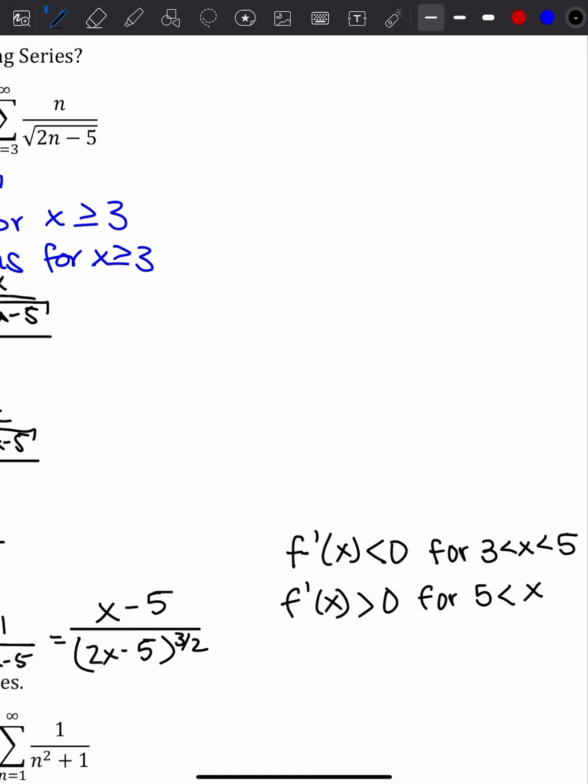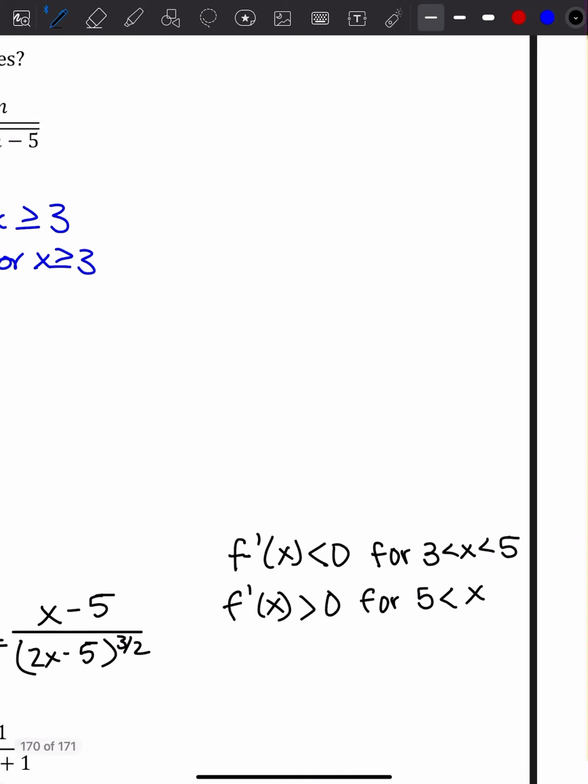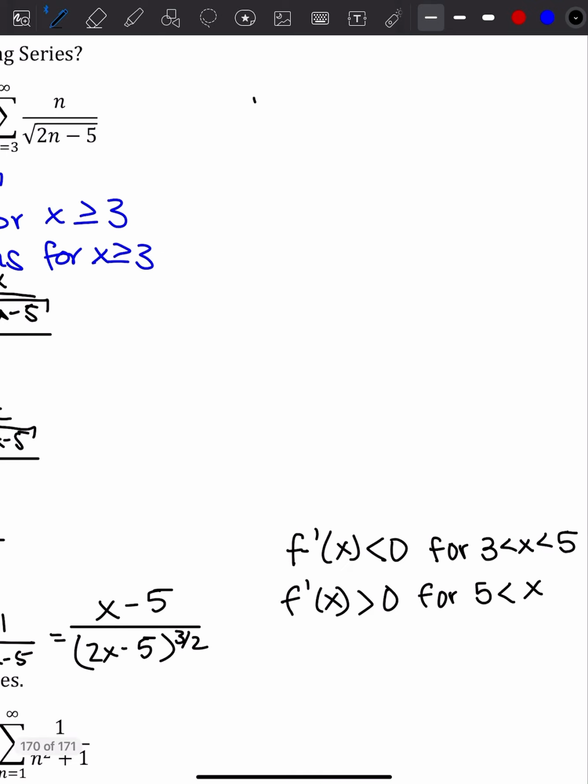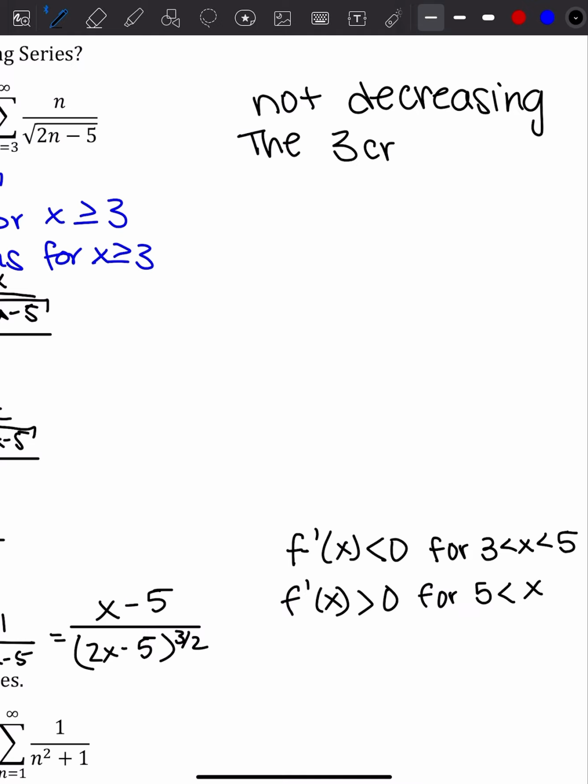So what this means is we are not decreasing the entire time. And because we are not decreasing, the 3 criteria are not met, which means we cannot apply the integral test.